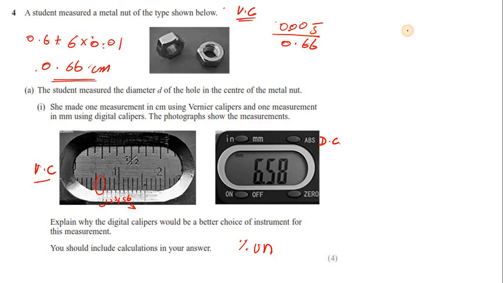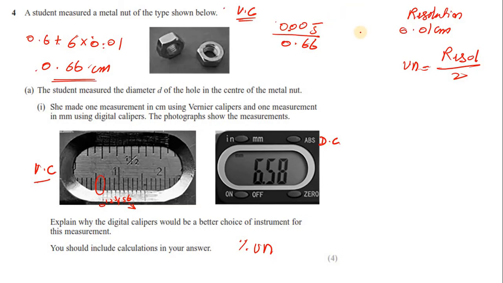Because 0.01 centimeter is the resolution, but uncertainty or absolute uncertainty will be resolution divided by 2. This is the absolute uncertainty. So 0.01 divided by 2 will give you 0.005 centimeter divided by the reading.